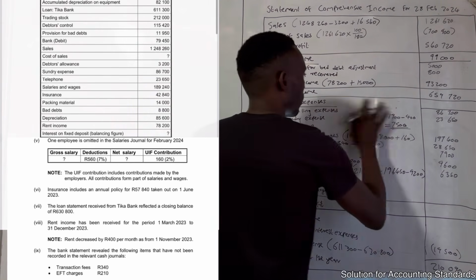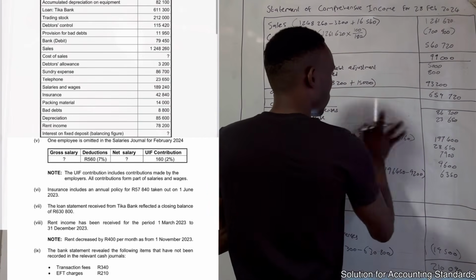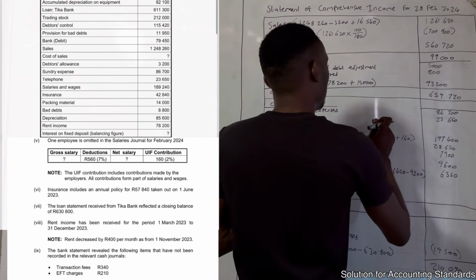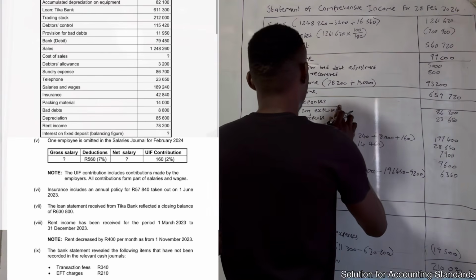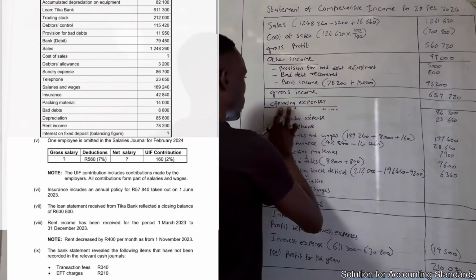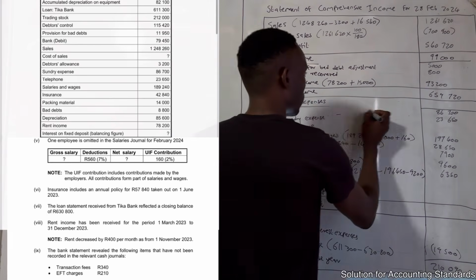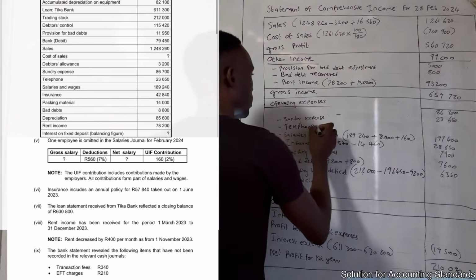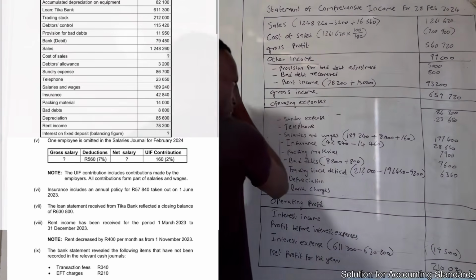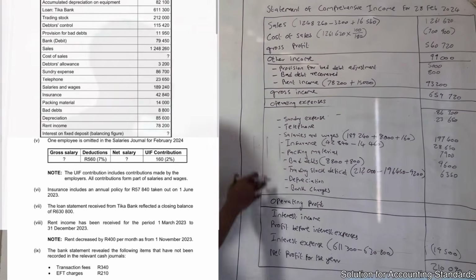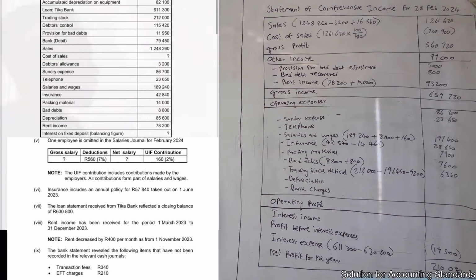This one must not be supposed to be here. Sundry expense, it was given, guys, is this one. Telephone is this one, and packing material, we have it. We are left with bank charges and interest.